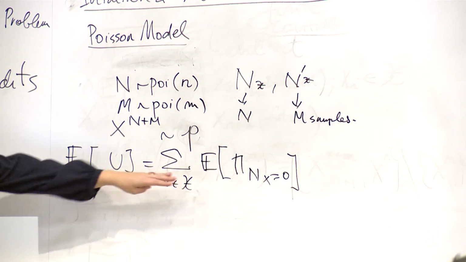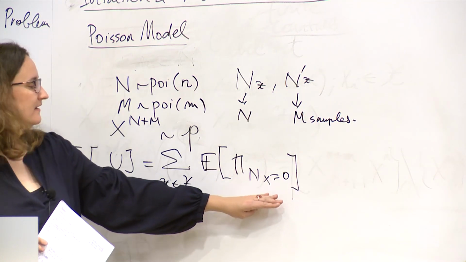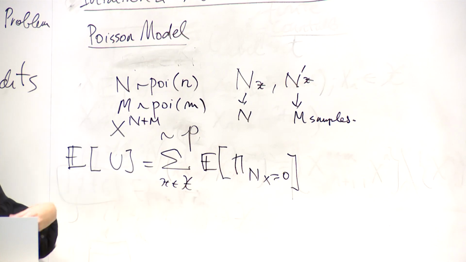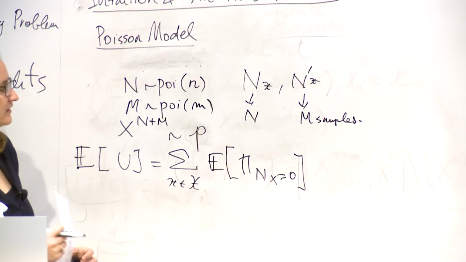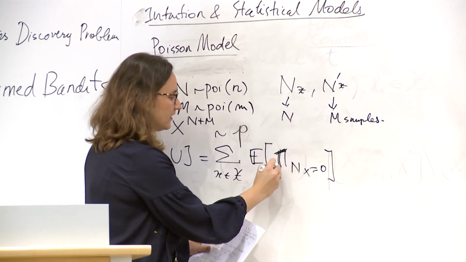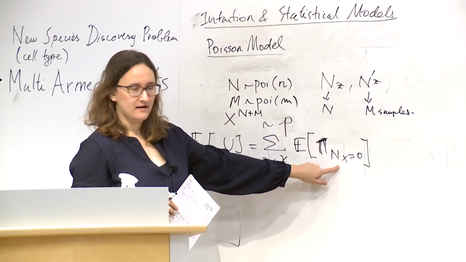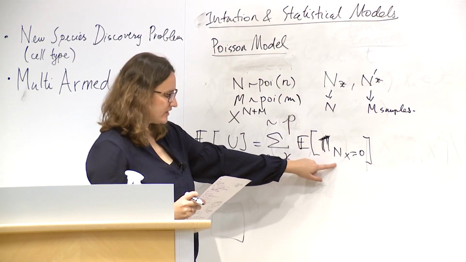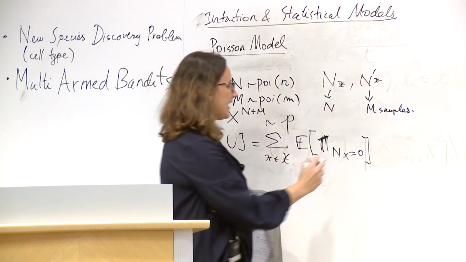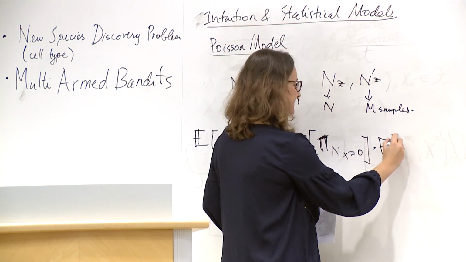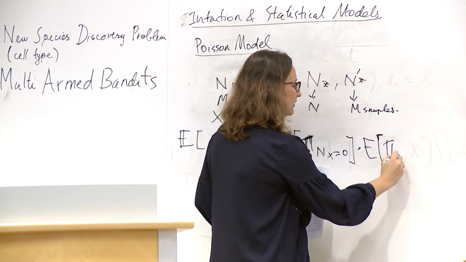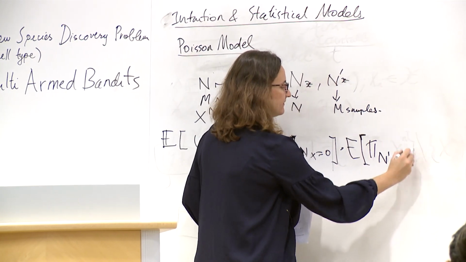Theoretically, it's a sum over all the things in the alphabet that do not occur in the original set, times the indicator of things that do occur in the next set.